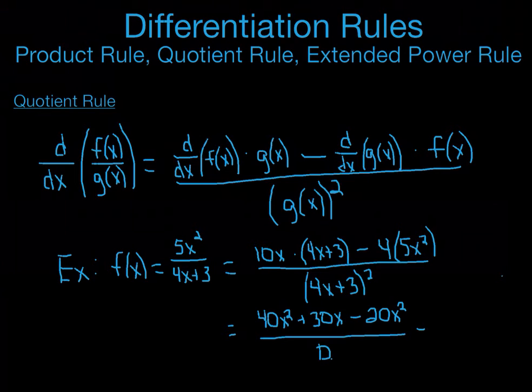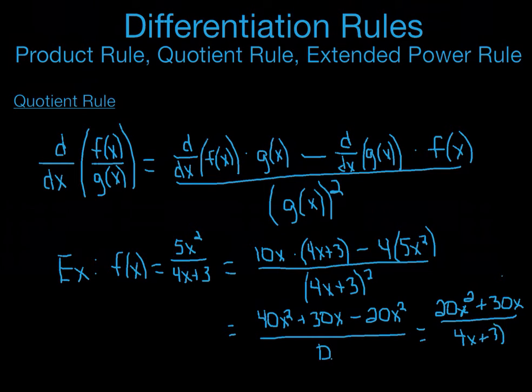And then you can subtract here, so you're going to get 20x squared, combining the x squared terms, plus the 30x all over this denominator of 4x plus 3 quantity squared. So there's how you do an example of the quotient rule.